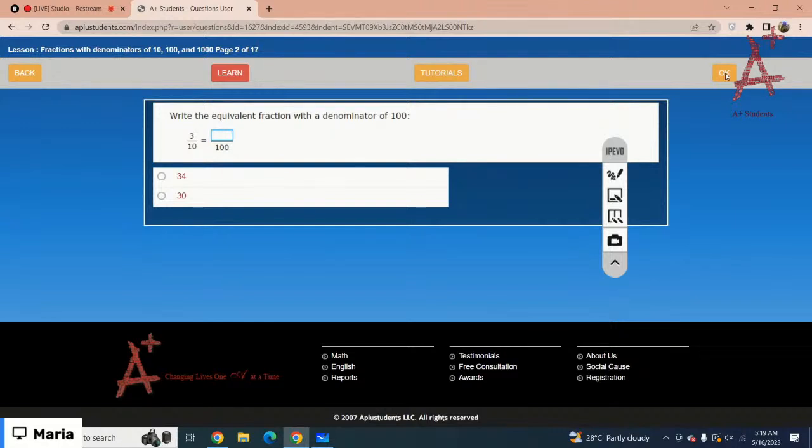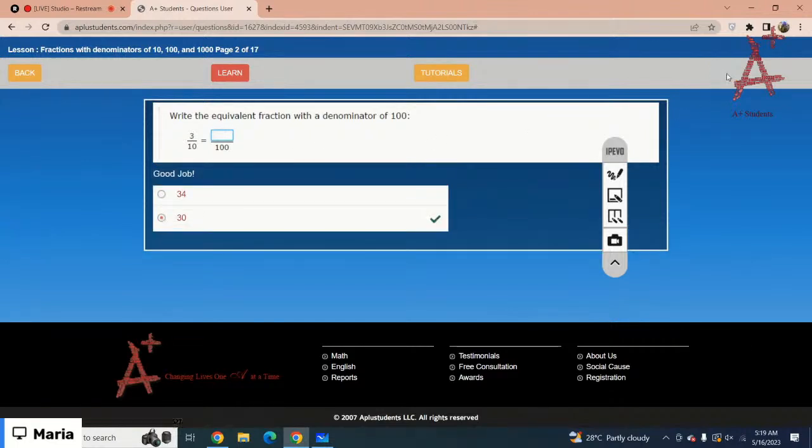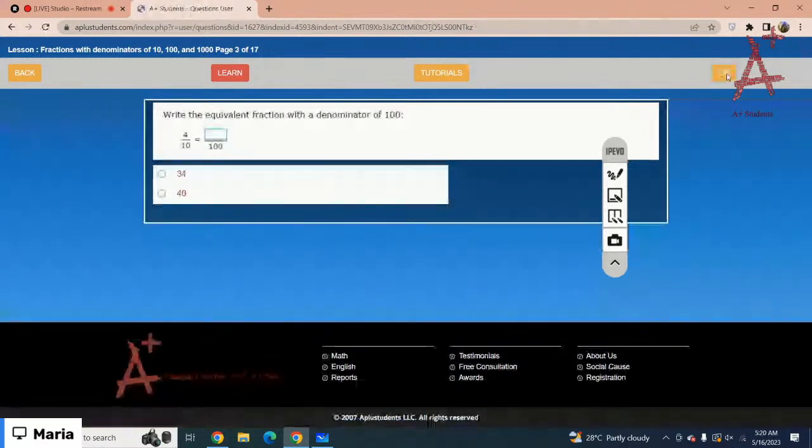It would be 3 times 10 and the missing number is, yes, that would be 30. You have to multiply the fraction by 10. So it would be 3 times 10 makes 30. Okay, write the equivalent fraction with the denominator of 100. So which is the correct option?